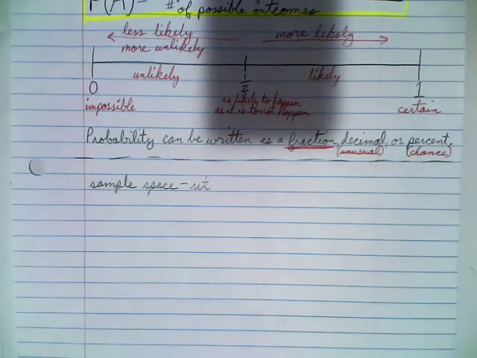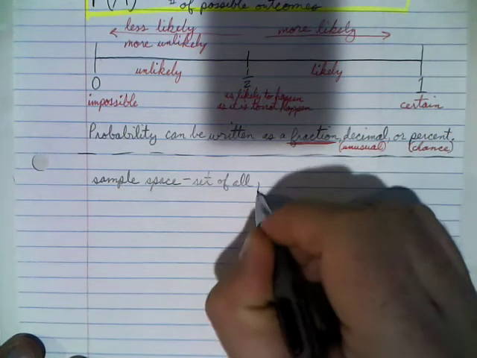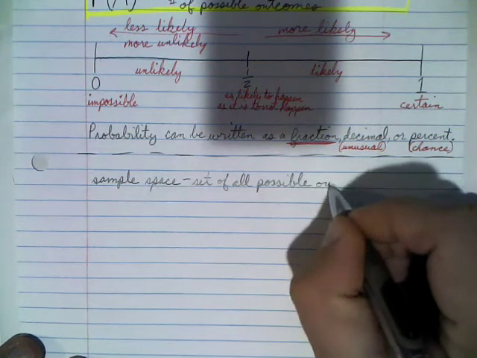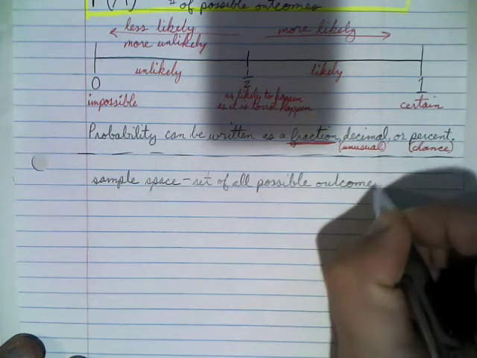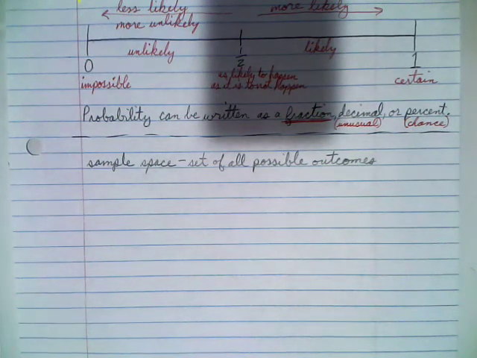Remember, a set is just a group or a collection of things. We use braces to go around our sets. It's a set of all possible outcomes. Essentially, it's in braces. It's the list of everything that could happen.